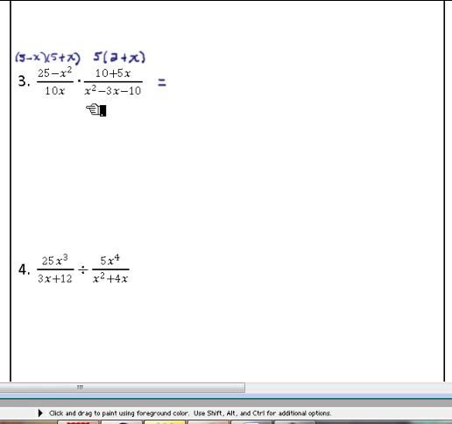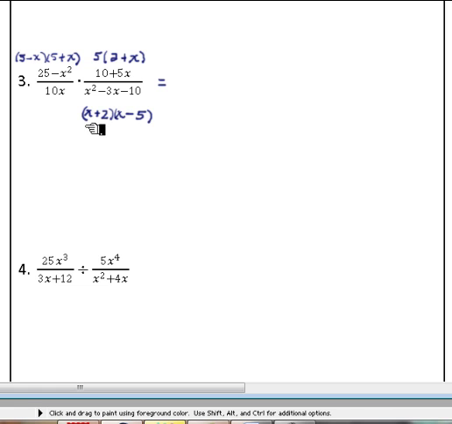All right, now let's factor this quadratic. Okay, so let's see, we'll put x, x, and we'll try 5 times 2, one positive, one negative, and we want to get that minus 3x in the middle. Okay, so let's try minus 5 plus 2.